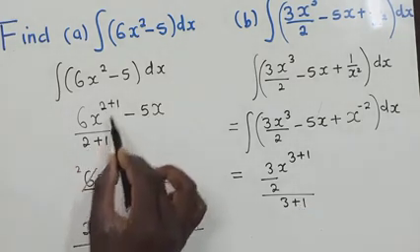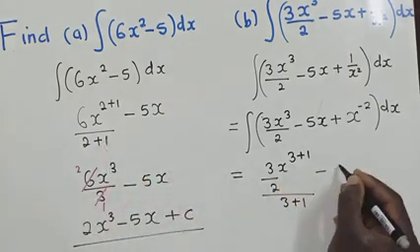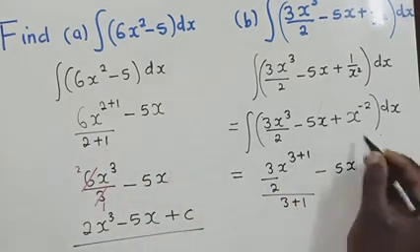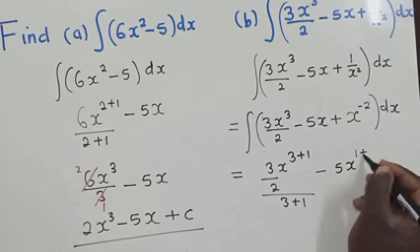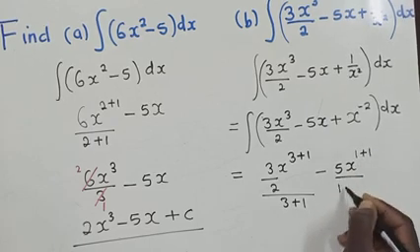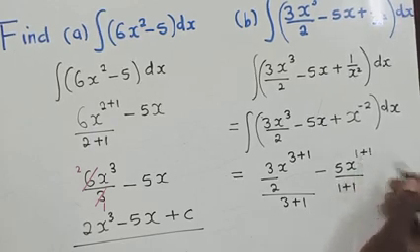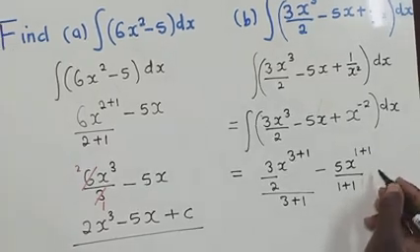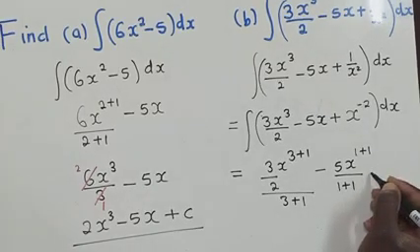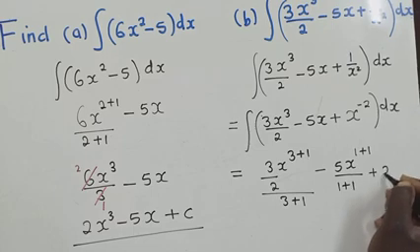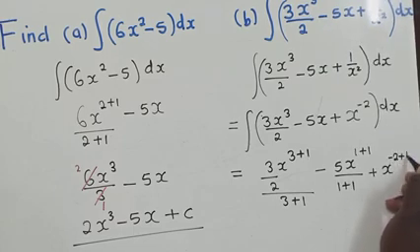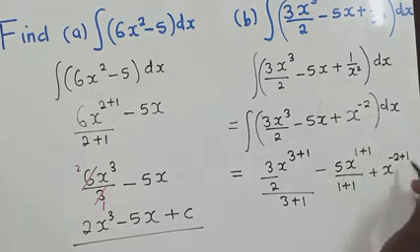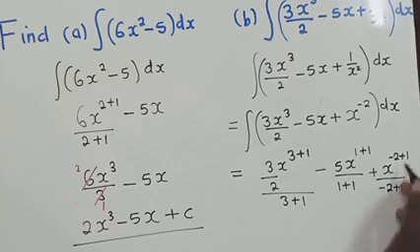Here we say minus 5. What power is here? It's 1. So plus 1 over the same that we have here. Here we say plus x. There we have a 1. Here we say plus 1, and we divide by what we have right here.